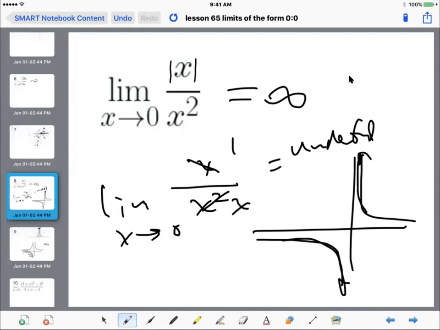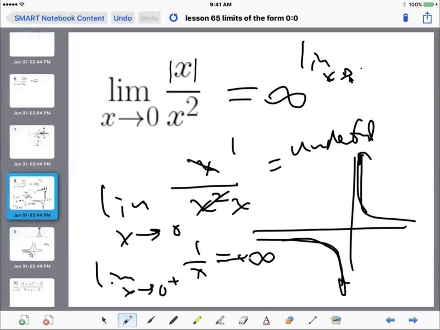But if I were to say limit as x approaches 0 from the positive side of 1 over x, that would be positive infinity. And if I said limit as x approaches 0 from the left of 1 over x, that would be negative infinity. If I don't write anything there, I just say limit as it approaches 0, it's going to be undefined because the left and right are different.